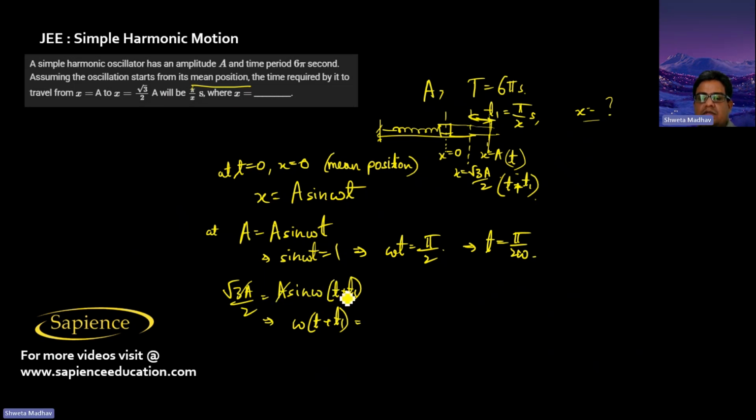Sine 30 is half, so sine 60 is root 3 by 2. This is 60 degrees, that is pi by 3. So t plus t1 is equal to pi by 3 omega.